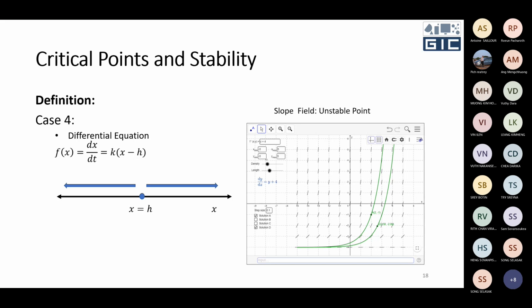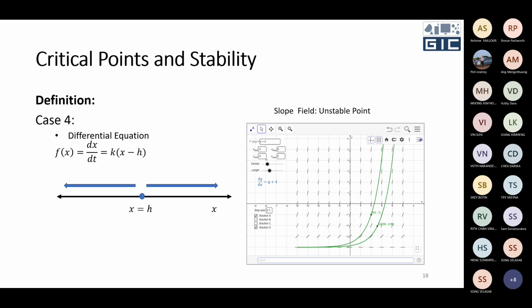Stability means that the arrows you see in the phase diagram try to reach our critical point. It produces two ways: one increases the value of the function and the other decreases the value of the function. But both of them try to reach the stable point or critical point.